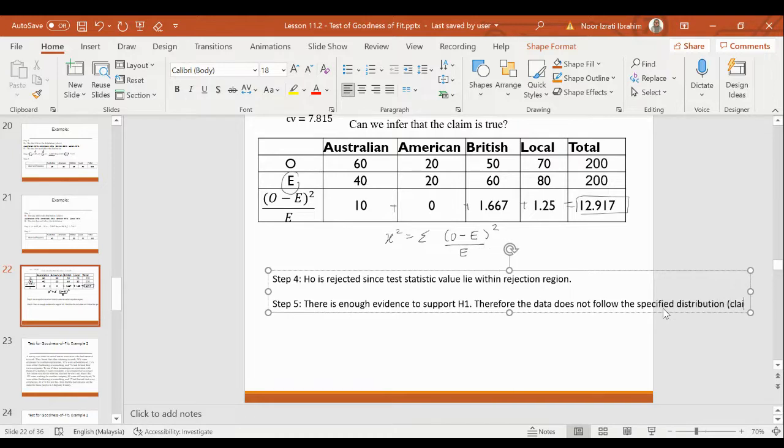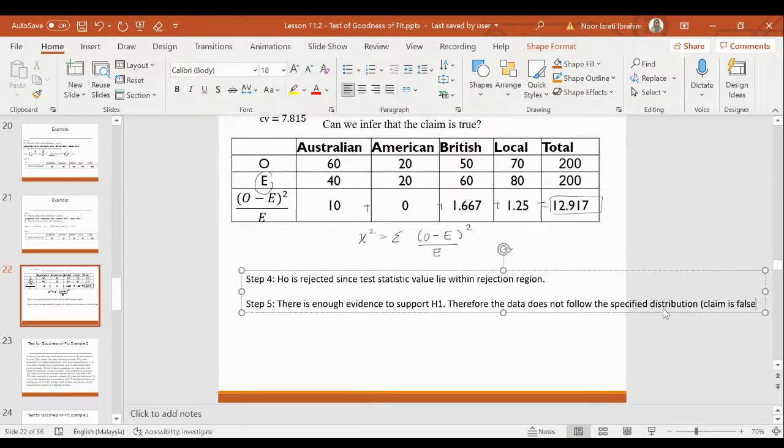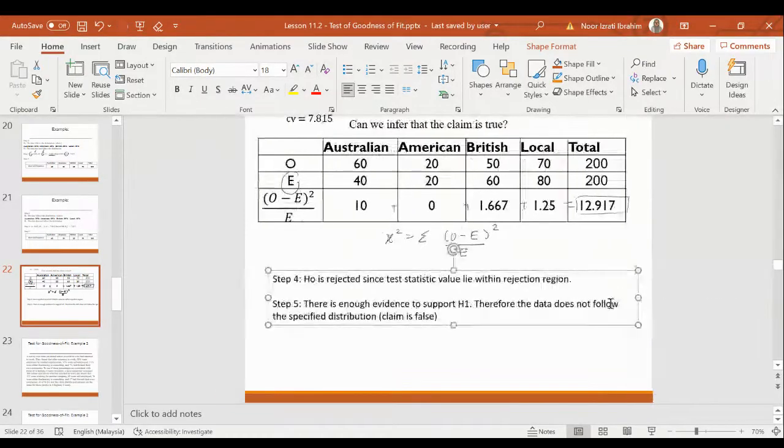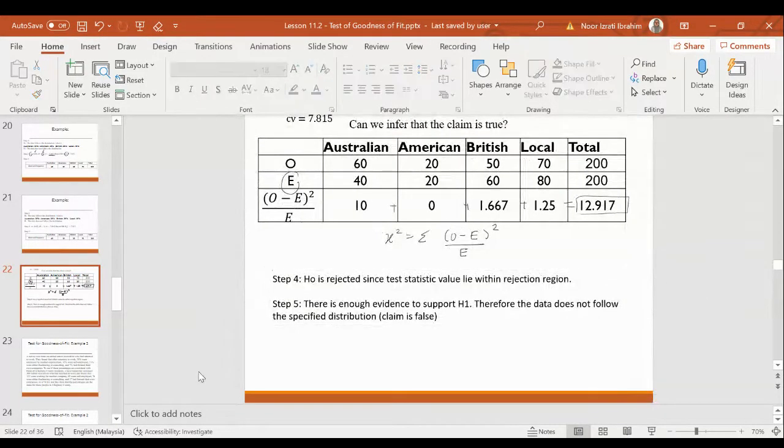Write in the bracket, claim is false. That is the 5 steps to test the distribution, or the goodness of fit of a distribution.